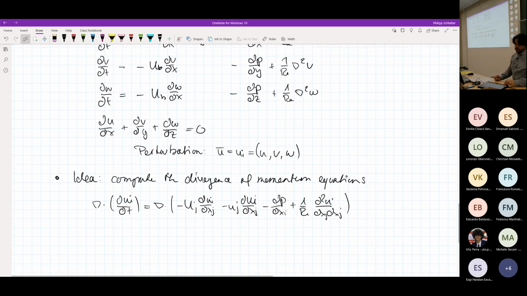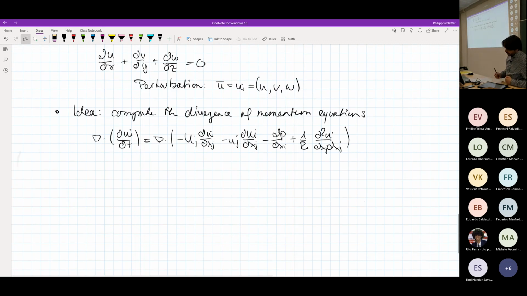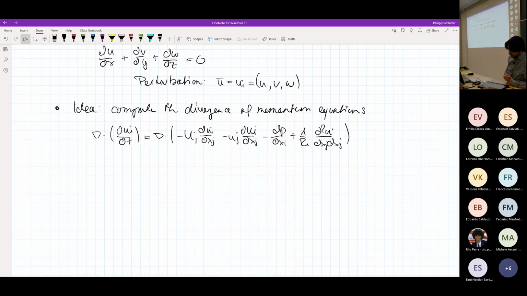So now, of course, I would like to do that for my simplified equations that I have here, the simplified ones where I use the specific form of my base flow. And so that would then give me on the left side something like this, d squared u dx dt plus d squared v dy dt plus d squared w dz dt.